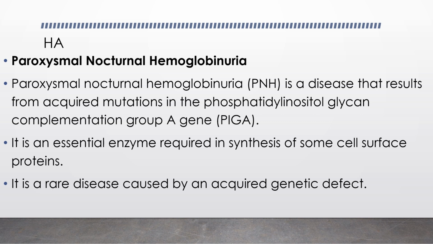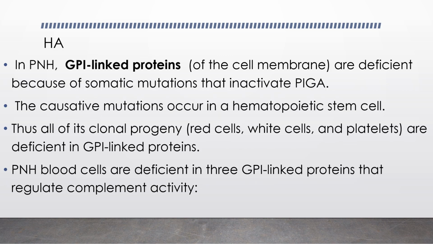It is an enzyme used in synthesis of some cell surface proteins, phosphatidylinositol. It is a rare disease with an acquired genetic defect, so it's not usually familial. GPI-linked proteins of the cell membranes are deficient because mutations inactivate PIGA, and not enough GPI-linked proteins are synthesized. The mutations occur in a hematopoietic stem cell. That's why this disease occurs.